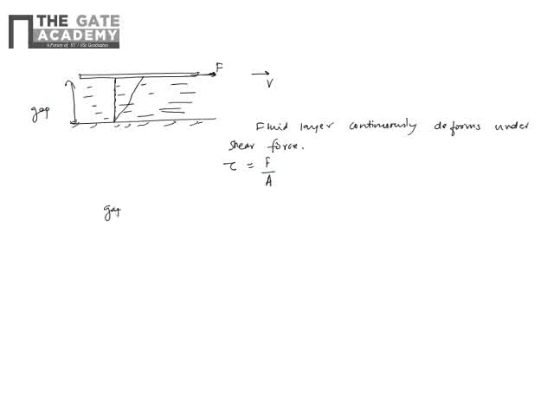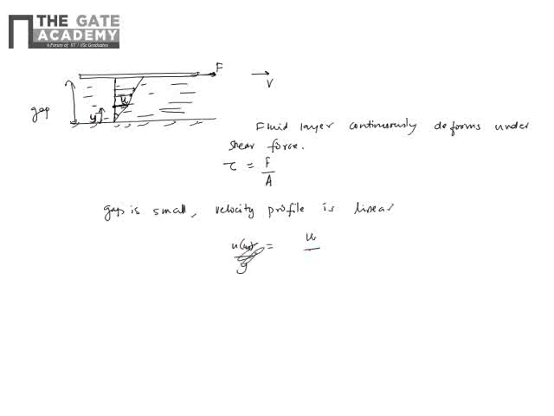Now if you imagine that the gap is small, the velocity profile that is built up is linear. So u of y is linear, where u is the velocity at a distance y measured from the bottom plate. u of y, because it's a function of y.